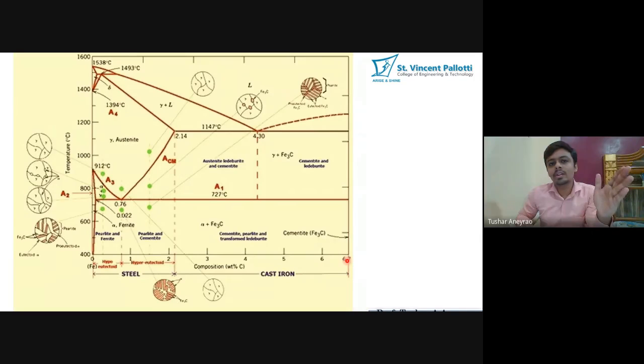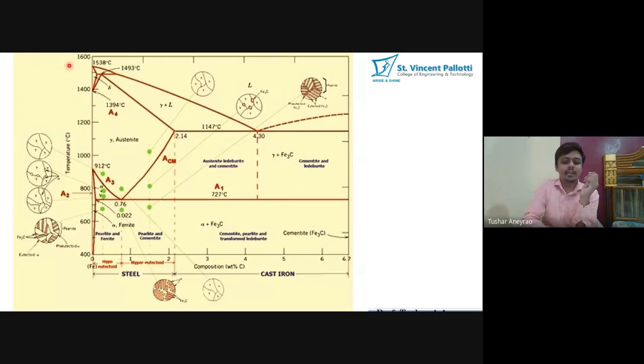Why not 100% carbon? Because beyond that, there are various phases in the iron carbon diagram, but beyond 6.7% there is no industrial application of the iron and carbon mixture, and it cannot be used for chemical applications either. Chemically, the phases are so unstable that they cannot be applied anywhere, and we obtain useless phases after 6.7% carbon.